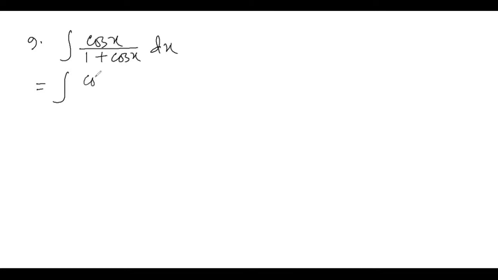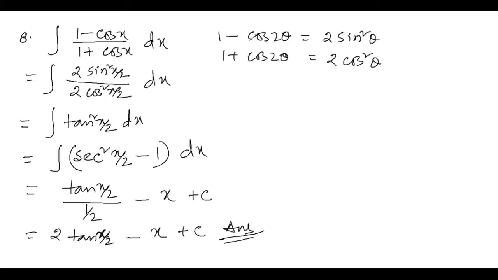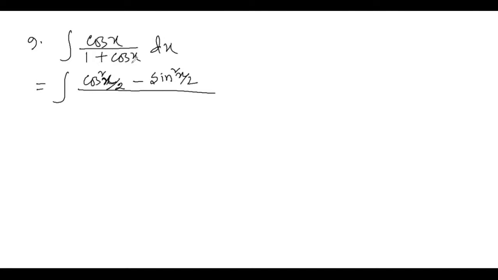So it will be cos square x by 2 minus sin square x by 2, by 1 plus cos x. 1 plus cos x, here you know 1 plus cos 2 theta equals 2 cos square theta. So same, 1 plus cos x we can write as 2 cos square x by 2 dx.